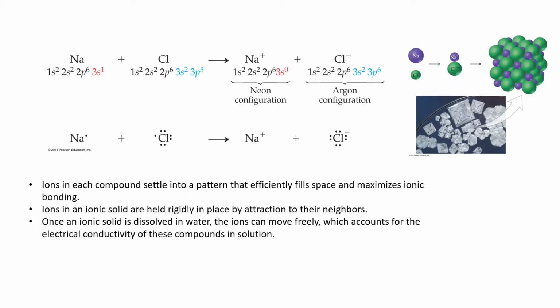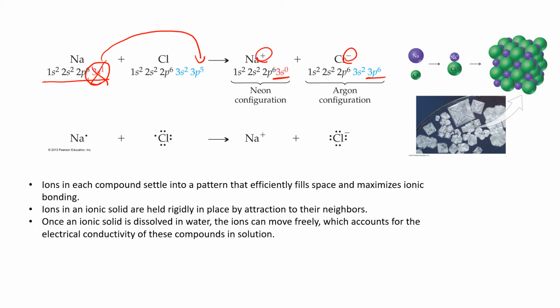All right, so here's a picture of what we were just talking about. When you take a sodium and you've got 1 electron, it will lose that electron and give it to chlorine. In the process, you see how this becomes 3s0? We're just showing that the electron was lost from there, and this becomes 3p6. So this picked up a positive charge because it lost an electron.